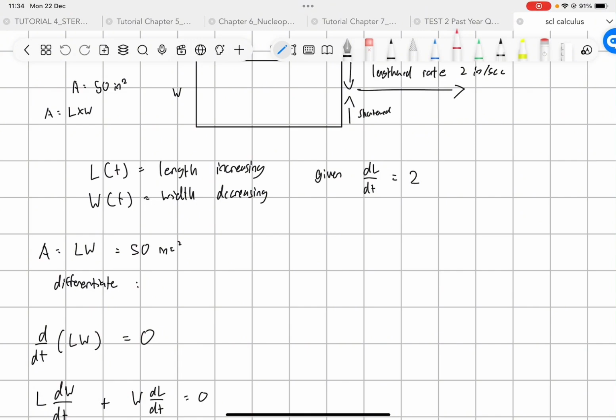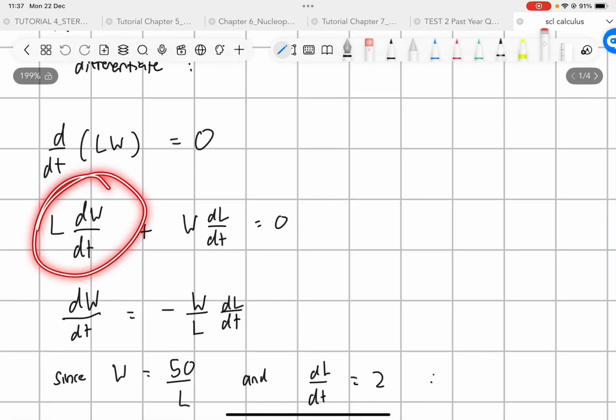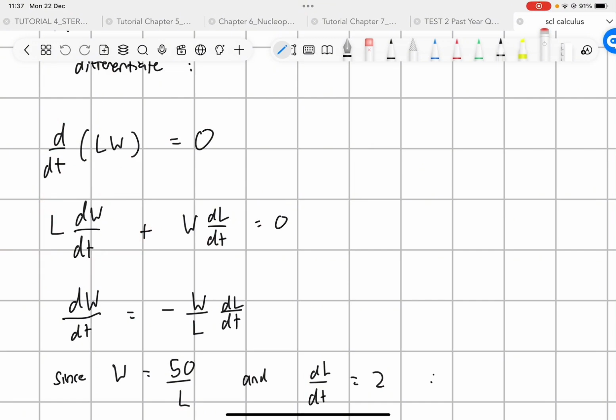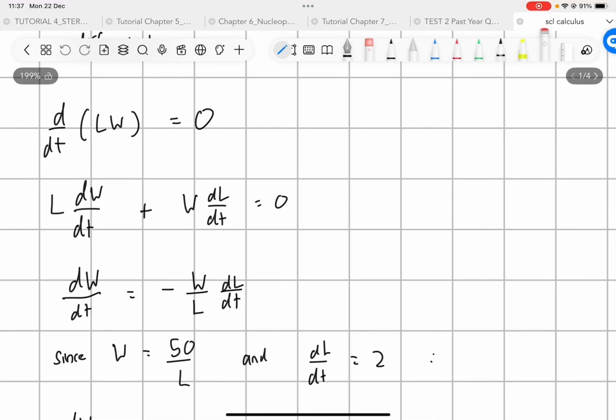So what we must do is differentiate the equation. By using the product rule, we get L multiplied by dw/dt plus w multiplied by dL/dt equals 0, because when a constant is differentiated, it will always be 0.